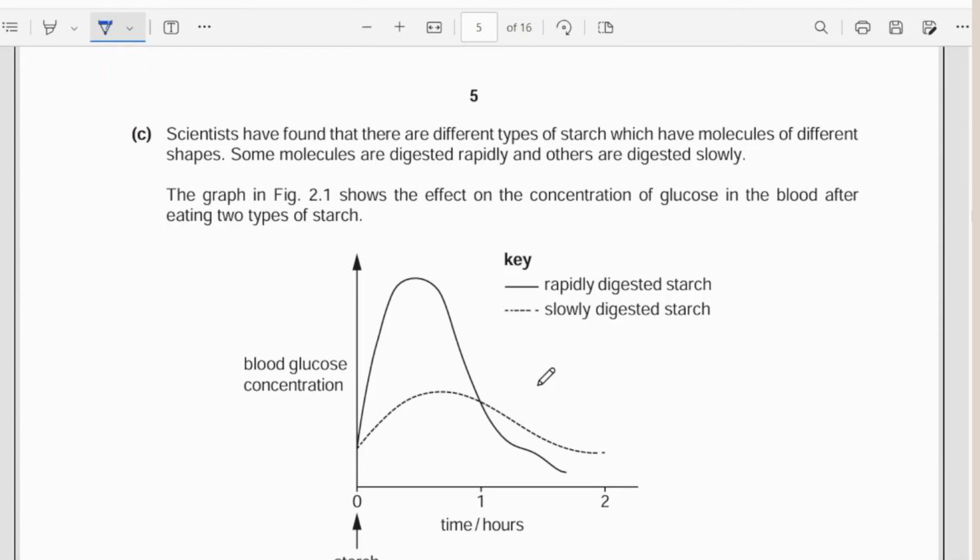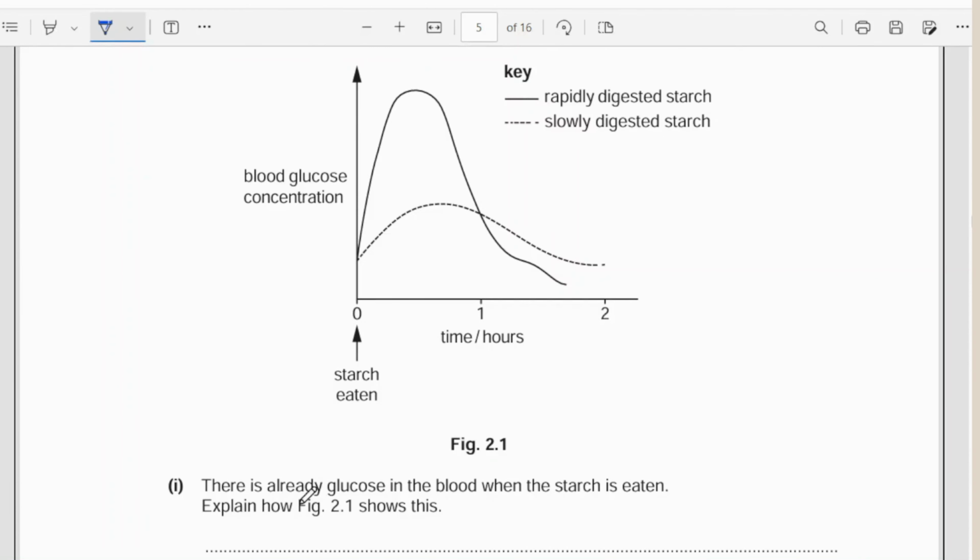So as soon as you eat that food, your glucose level would increase. While the other one gets digested slowly, so it won't increase the blood glucose concentration to that much extent. So which one do you think is beneficial? I guess the question is related to this.